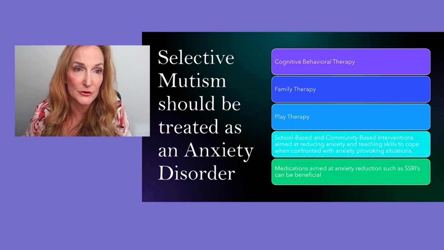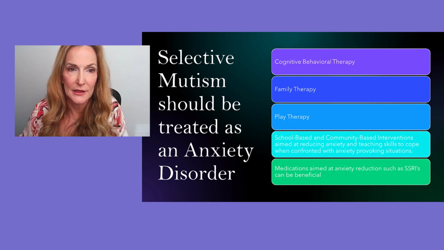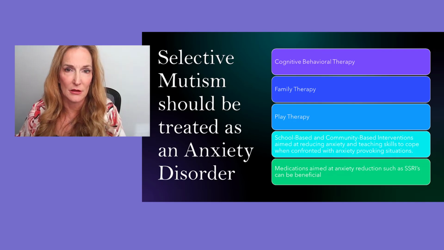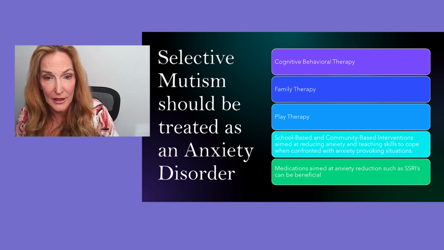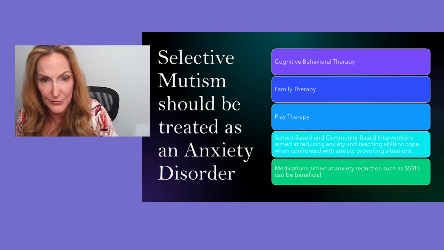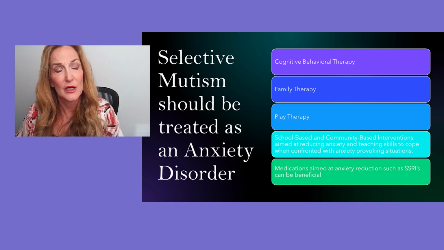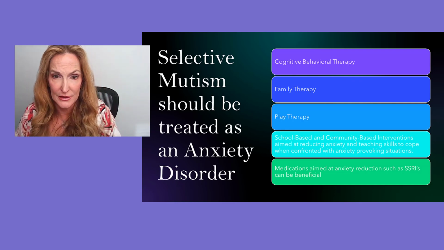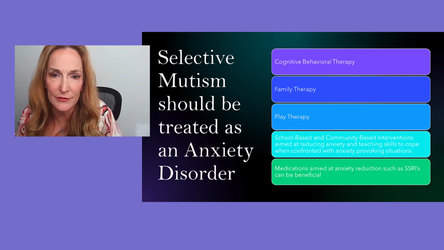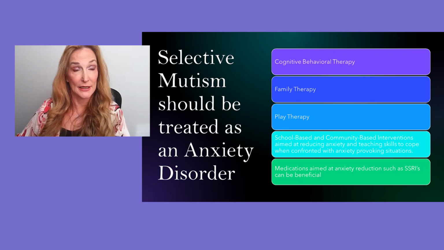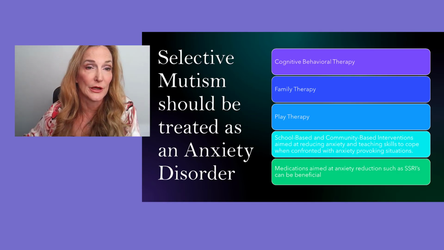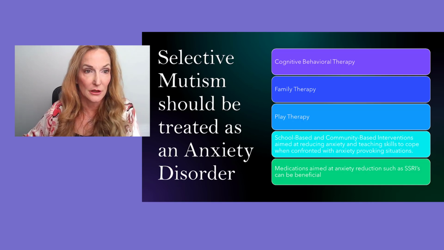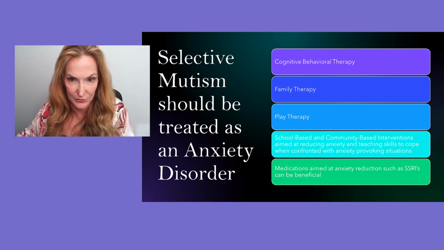Treatment alternatives have been really well studied, and generally accepted are several types of therapy, including cognitive behavioral therapy, family therapy, and play therapy, and then school-based and community-based interventions, which include behavioral type interventions and interventions aimed at reducing anxiety and then teaching various coping skills that help children to deal with the feelings that come up when they're confronted with these anxiety-provoking situations.